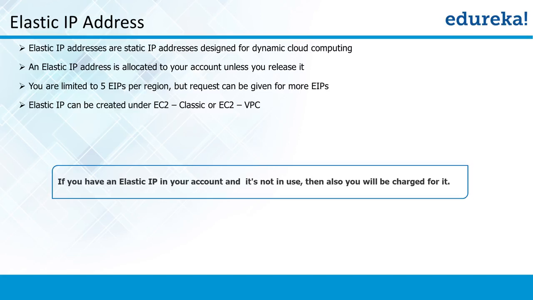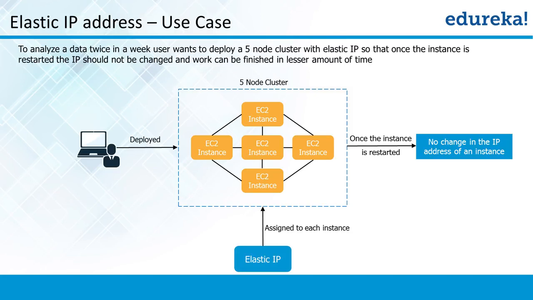So there will be a small cost if you are not using elastic IP addresses. And when we say not using, it means you must associate the elastic IP to a server. If you have associated the elastic IP to a server, then there's no cost. All right, so this is important.